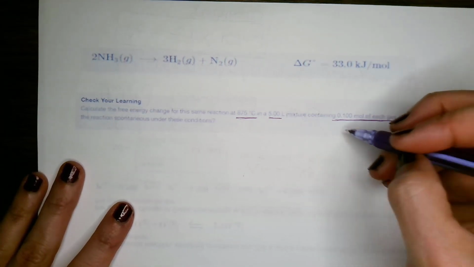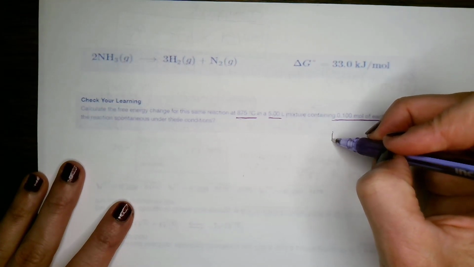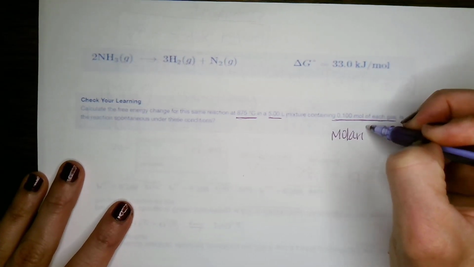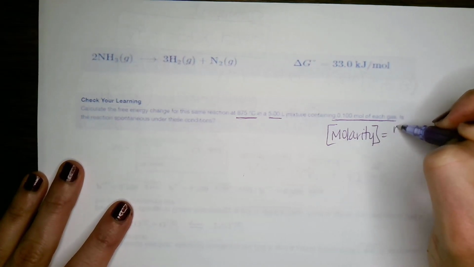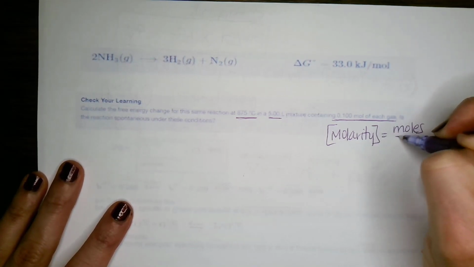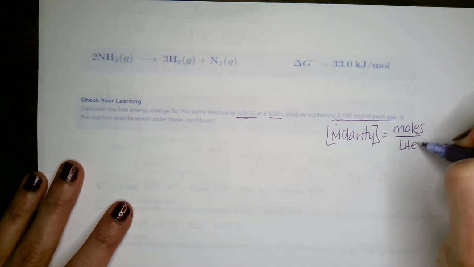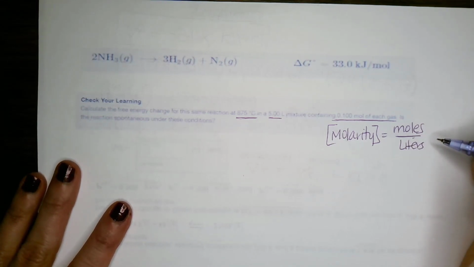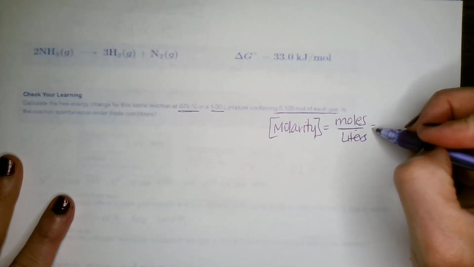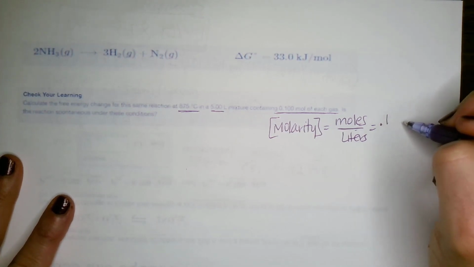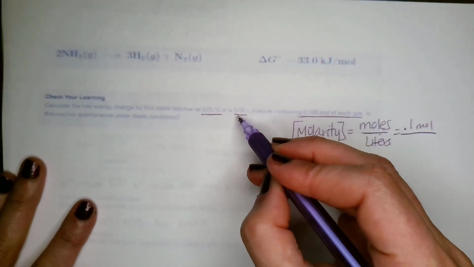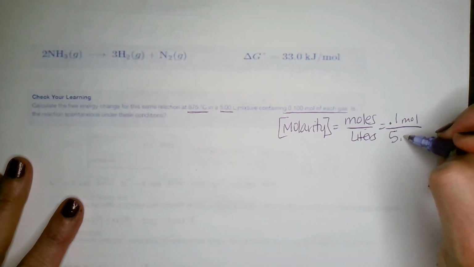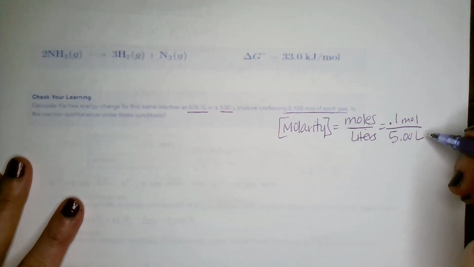All right, well, let's look and see. Molarity, or concentration, remember in our brackets, molarity is moles over liters, or moles per liter. So it tells us that we have 0.100 moles of each gas and 5 liters of it.